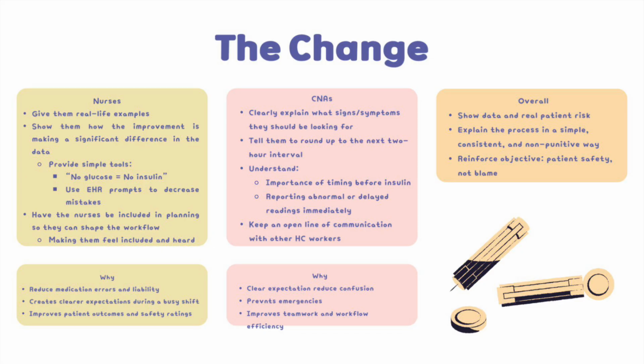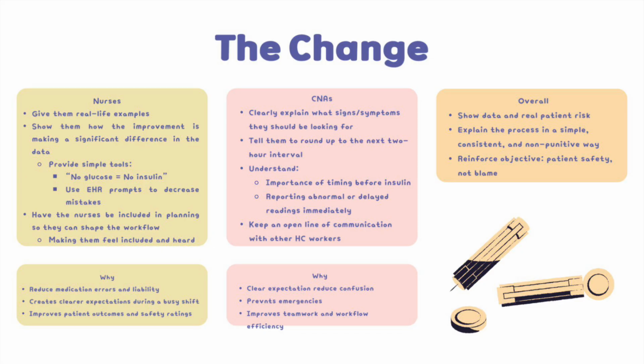It's essential that they report any abnormal or delayed readings immediately and maintain open communication with nurses or other healthcare workers. I say this because a clear expectation reduces confusion on the CNA's part. It prevents emergencies and overall improves teamwork and workflow efficiency.